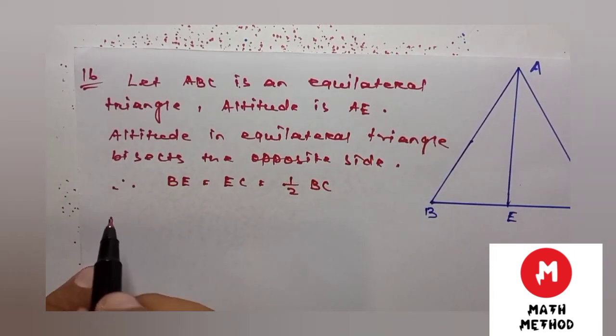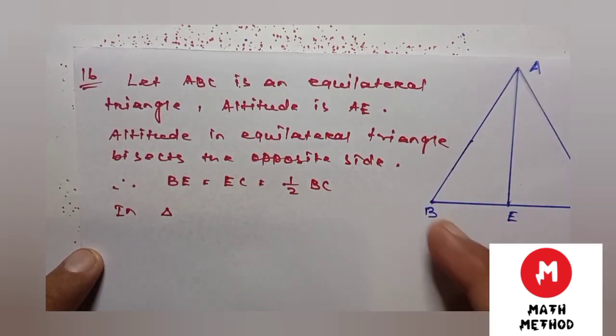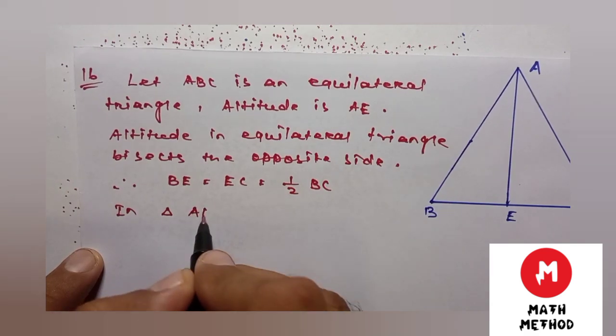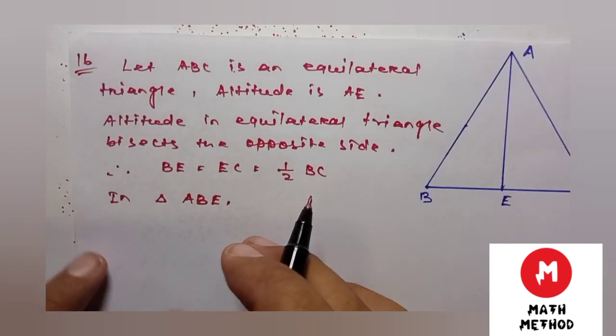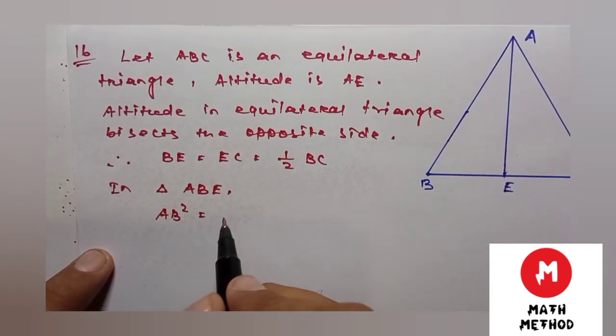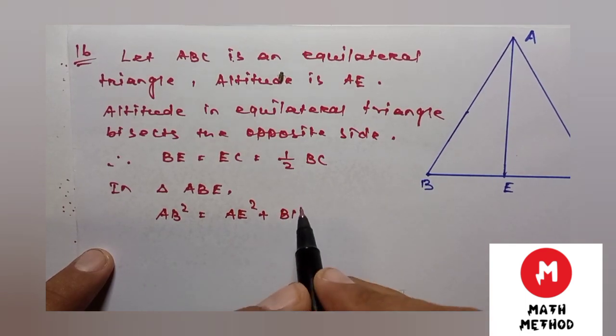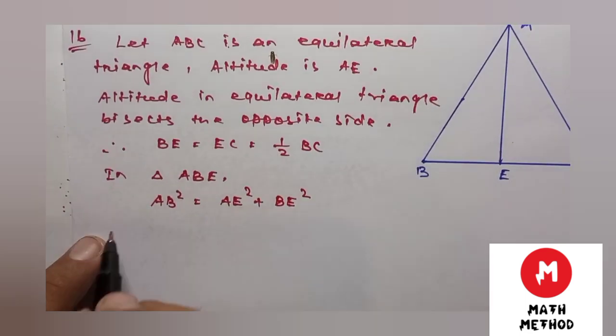Clear? Now in triangle ABE, here AB square is equal to AE square plus BE square.